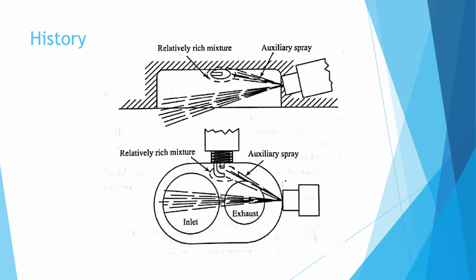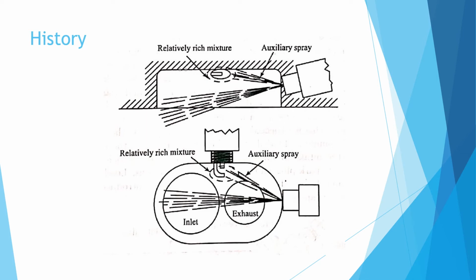A relatively rich mixture formed in the vicinity of the spark plug by an auxiliary spray, while another spray of fuel in the combustion chamber formed a lean mixture.